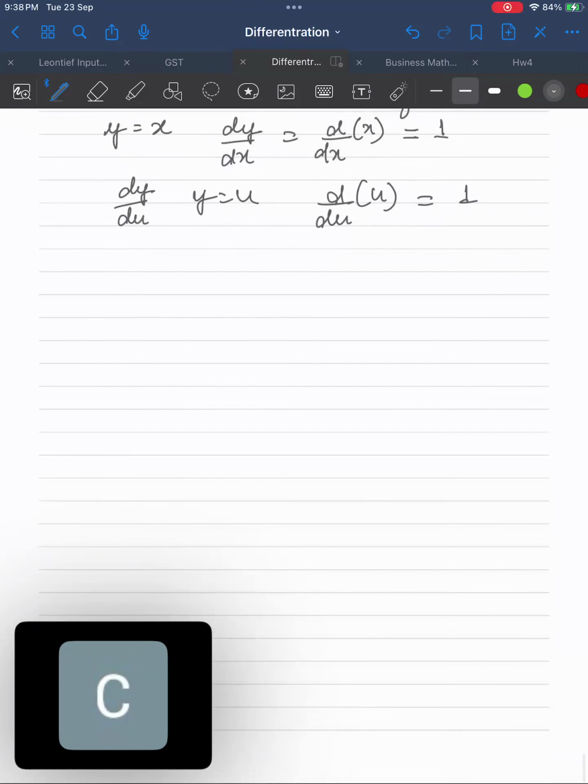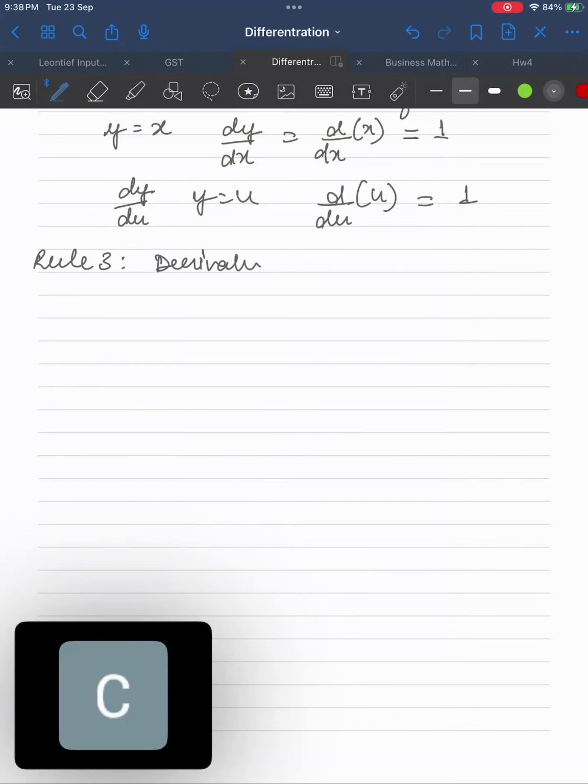Like that. Now come to rule 3, which is the derivative of a power function.